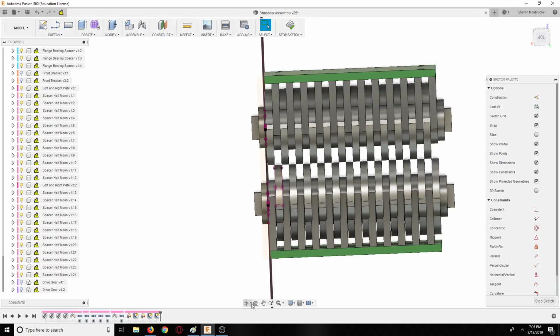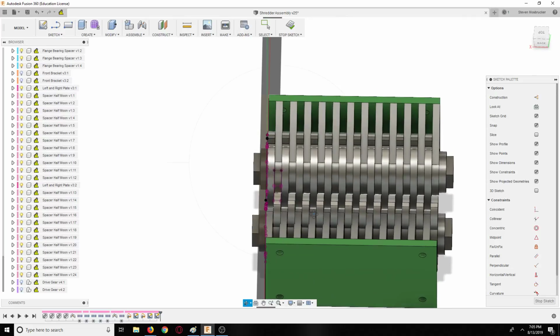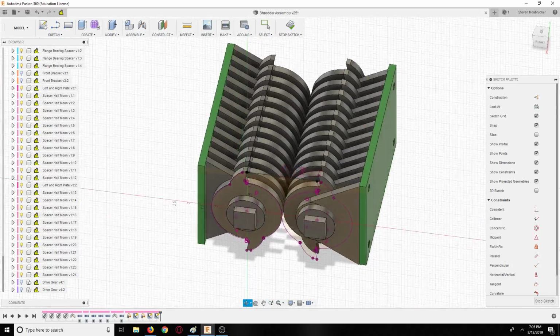So it's not really cutting it per se. It's basically coming in and putting so much pressure on something that it comes apart, and that it can no longer hold itself together. So hopefully that makes sense.